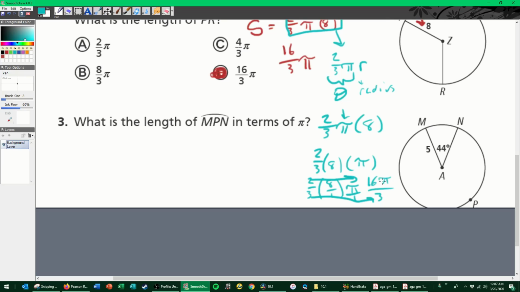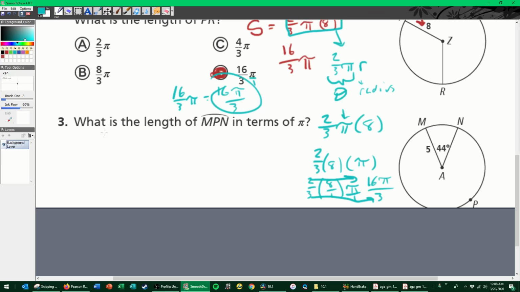If you're wondering why here I have it in the numerator, here I have it standalone, well, this is 16 times pi over 1, or 16/3 times pi over 1. So 16/3 pi is equal to 16 pi thirds. We're going to see it written like that more often than not once we get out of this class. So I want to start letting you familiarize yourself with that.